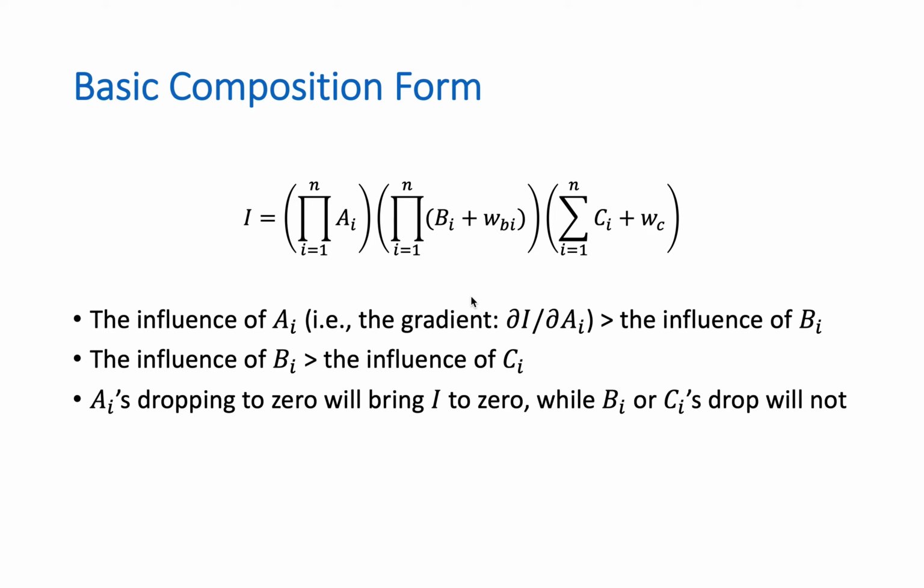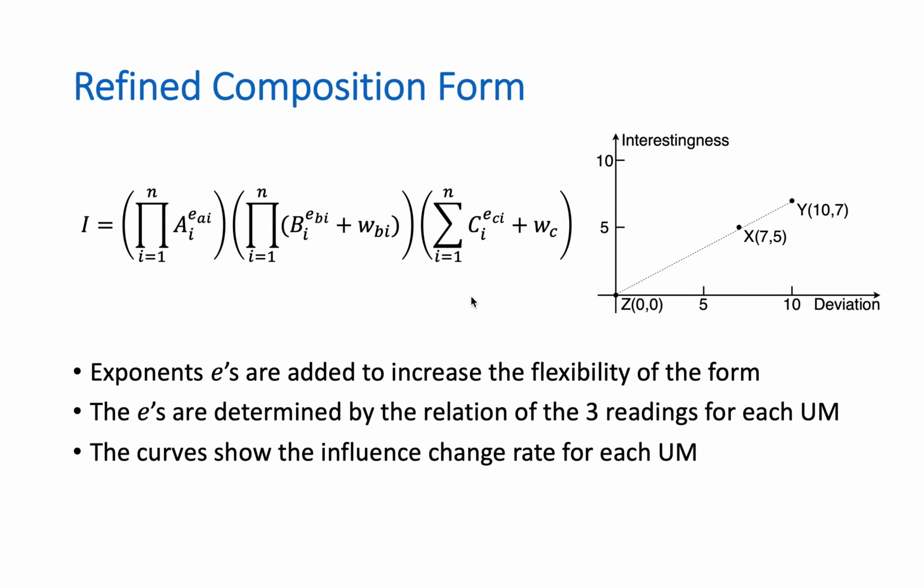To increase the flexibility of our composition form, we have designed a refined composition form in which we add exponents to the utility measures. These exponents indicate the change rate of the influence of the utility measure.